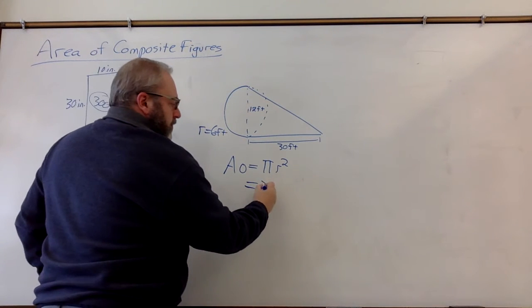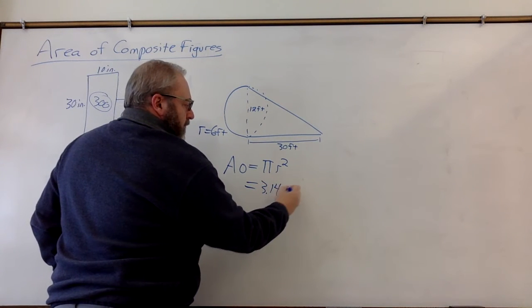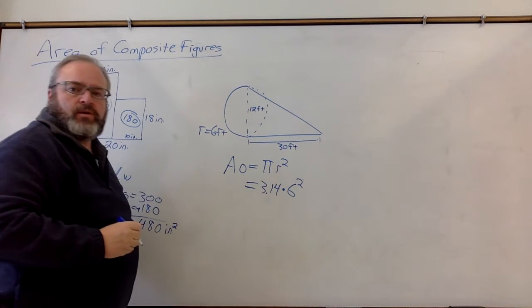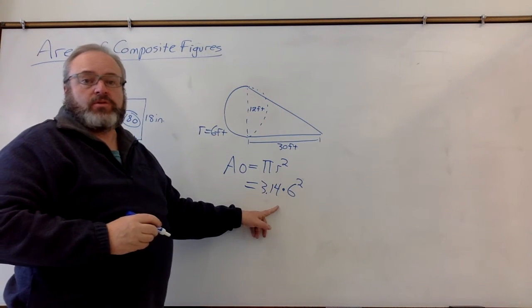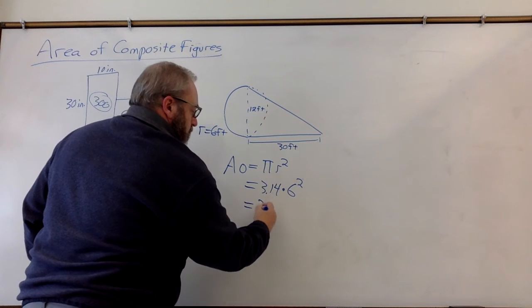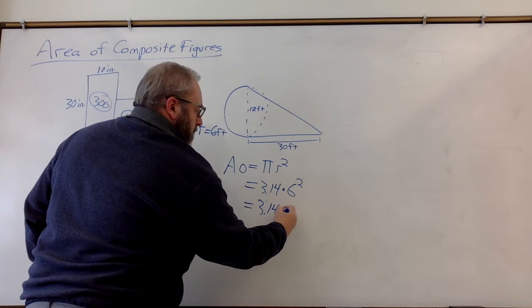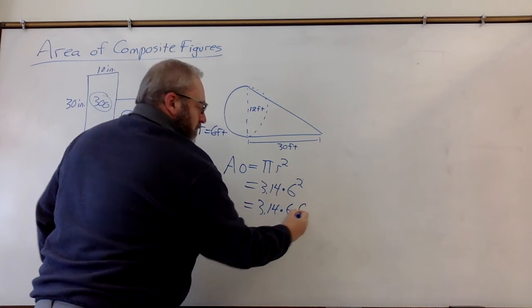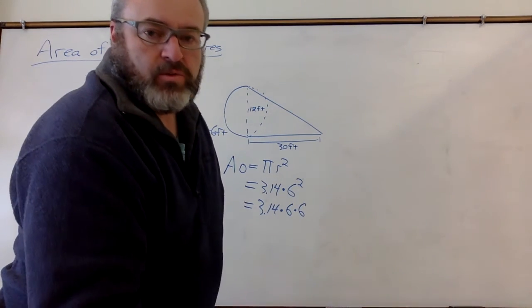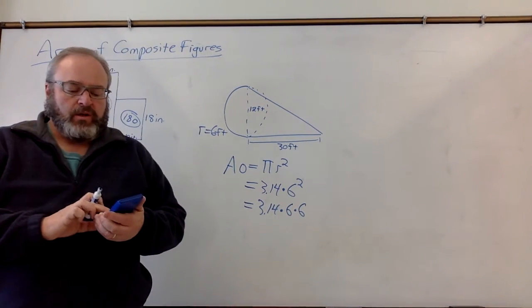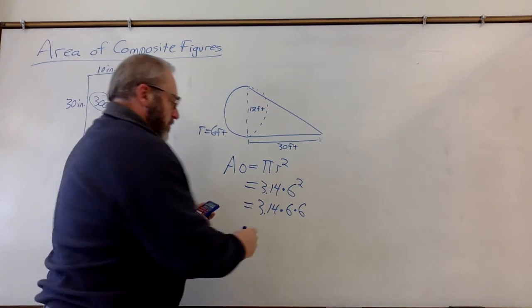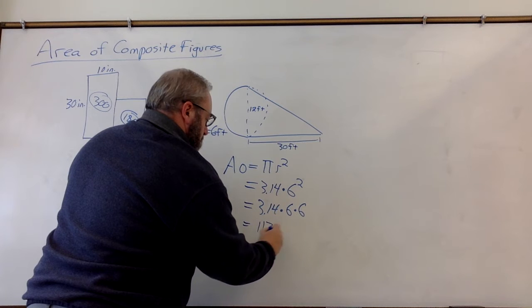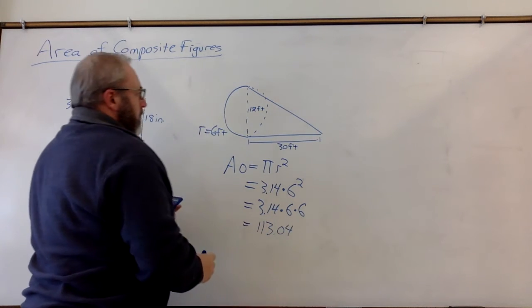So the area would be 3.14 times 6 squared. Please remember, 6 squared means 6 times 6, not 6 times 2. So this would be 3.14 times 6 times 6. This is where our calculators come in handy. 3.14 times 6 times 6 gives us 113.04.